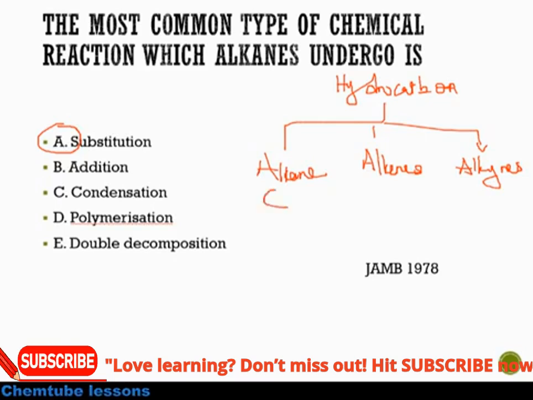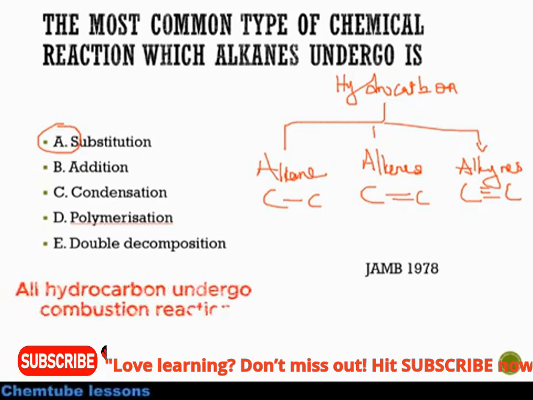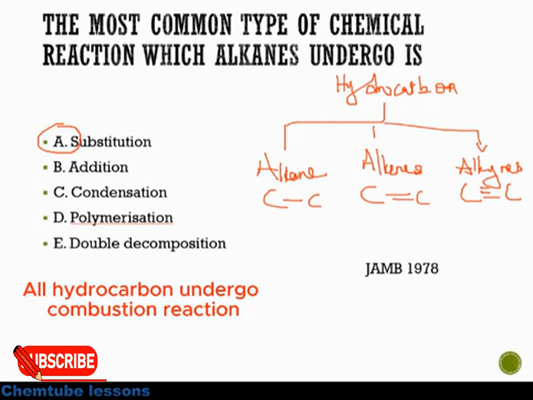Okay, this is saturated, single bonds. This is unsaturated, double bond. This is unsaturated as well, triple bonds. So the three of them undergo combustion reaction. That's one reaction that all organic compounds undergo.